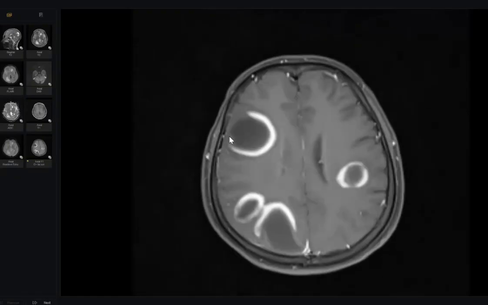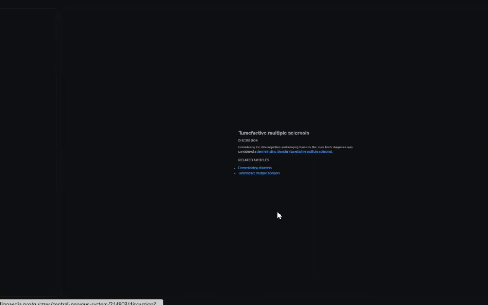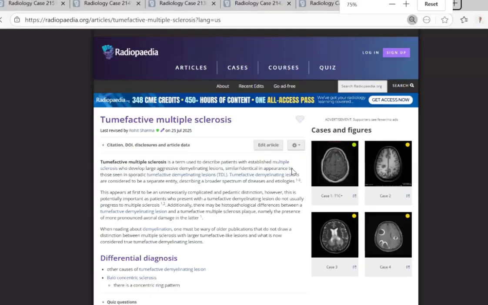When you name this plaque tumefactive, according to which criteria? Sorry, sir, I can't remember this point. See, doctor, according to the size.